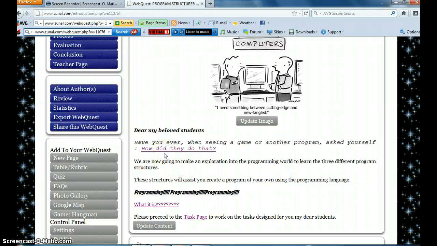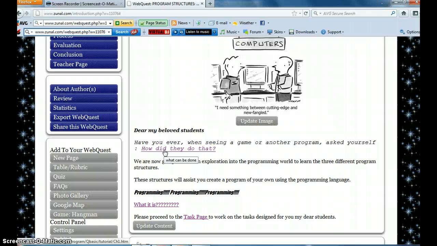If they don't know what programming is, they can just go. I know most of the students are playing games and using other programs, but they don't know how they have been created, so they can click on this word and see what programming is.